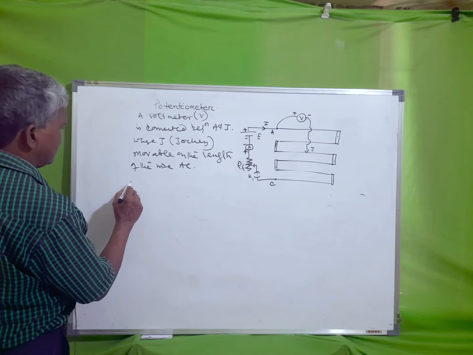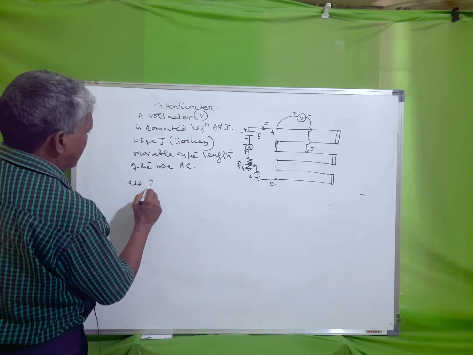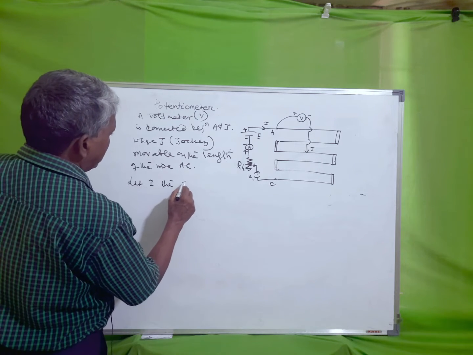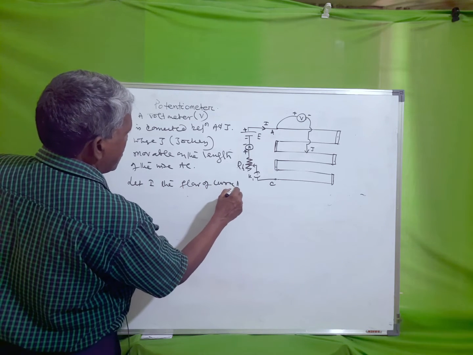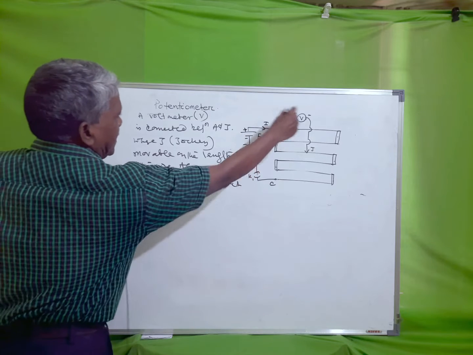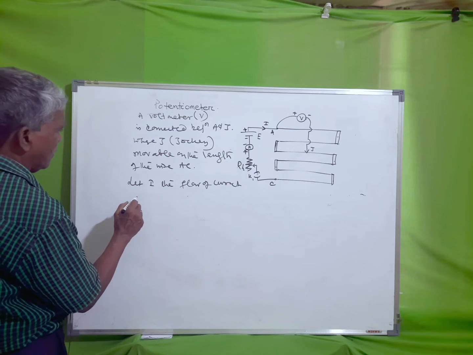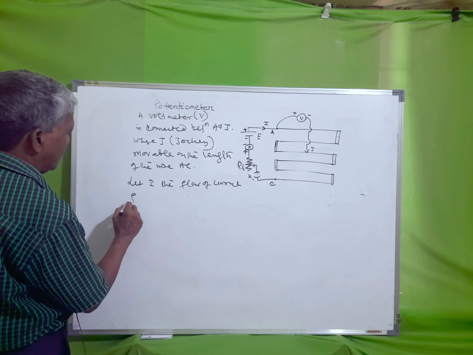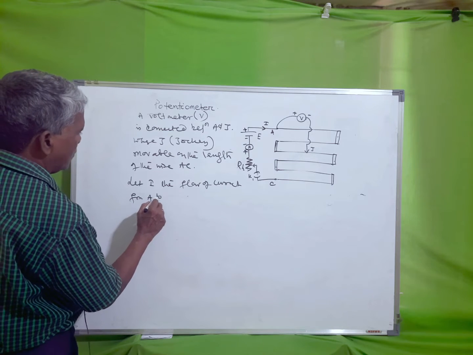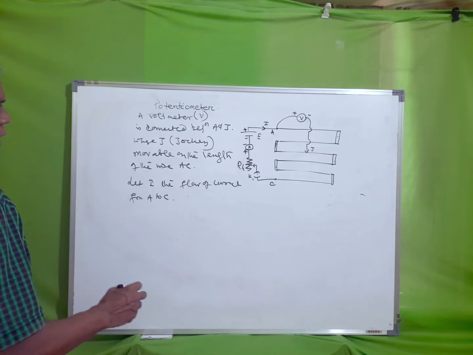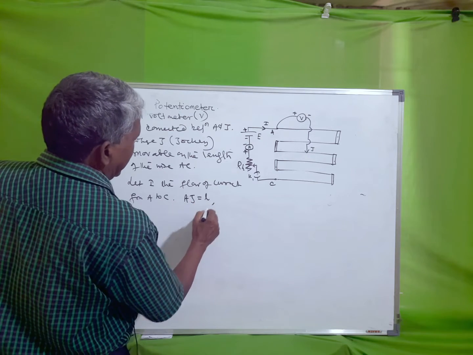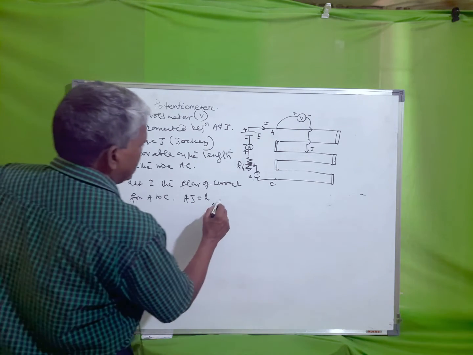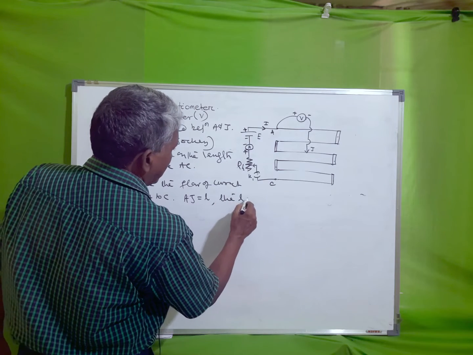Let I be the current flowing from A to C, and AJ is equal to L, the length of the wire.